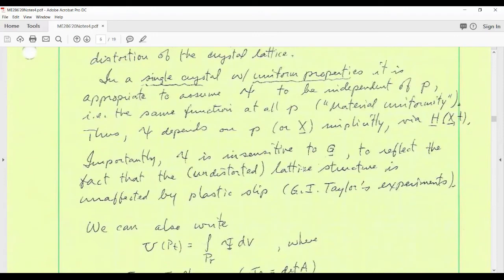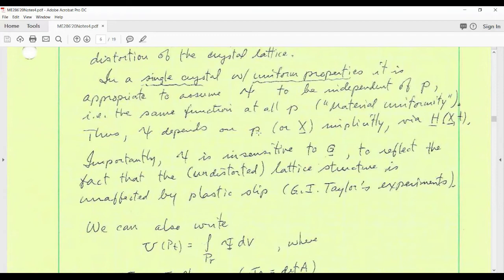Of course, the material point does appear implicitly because h varies from one point to another as you deform the body. The elastic deformation can be different for different points in the body. And so it can depend on p through its reference position, because p and reference position are the same thing.